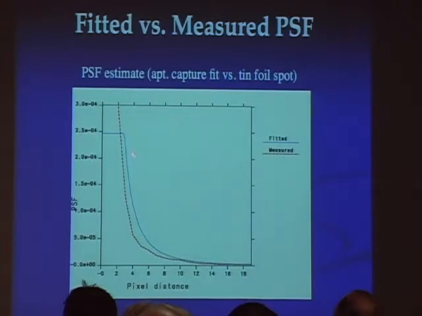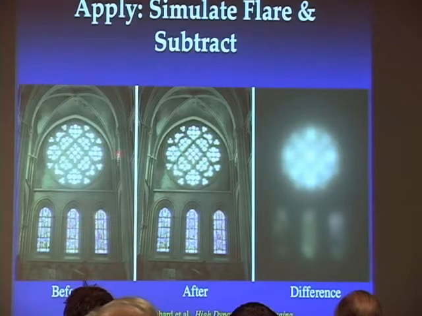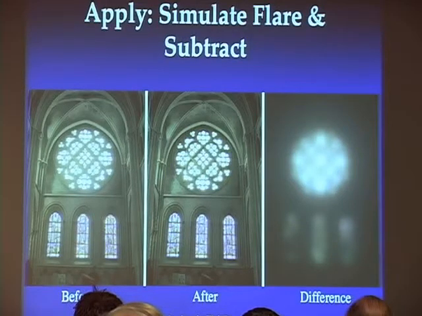So we would expect a little more spread when you averaged over the whole image. And then we can undo that. And here's an example where we've undone the point spread function in this image of Rosetta stained glass, and this is the corrected version, and this is basically the lens flare that was removed from this corrected version.